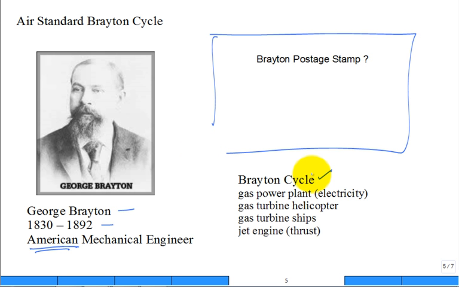It does describe how a jet engine works, especially if you put a nozzle on the back of it to kick out the exhaust gases at high speed, so that you get forward thrust from fluid mechanics. And if you have a ship and you want to propel it, like if you went down to Galveston, got on a cruise ship, and floated around for a week, that's all gas turbine engines driving those ships.